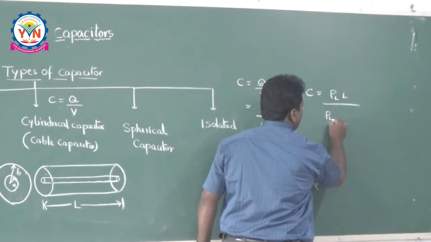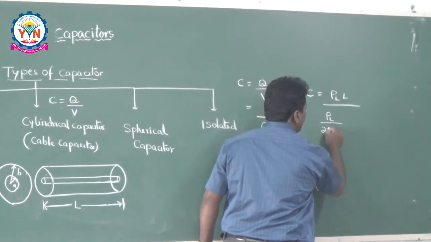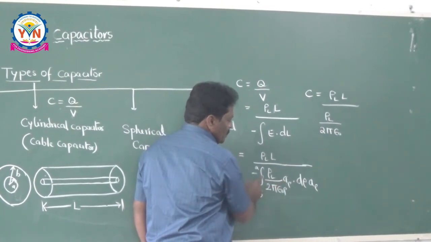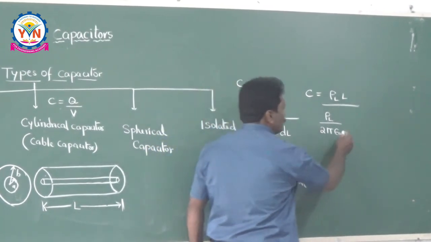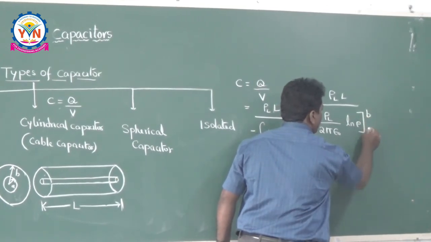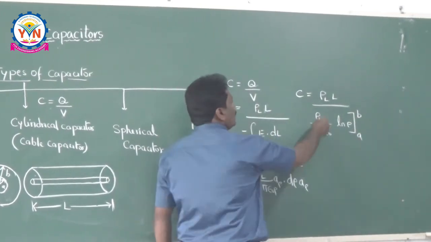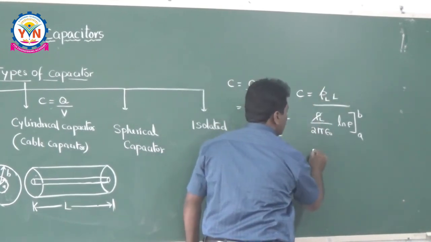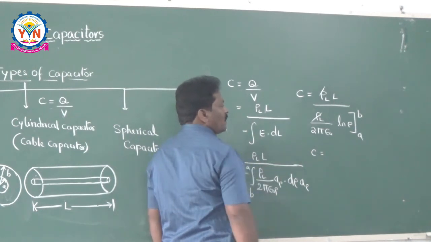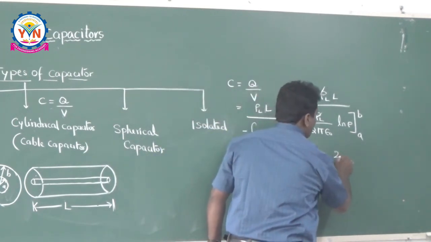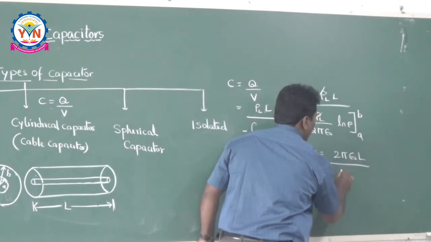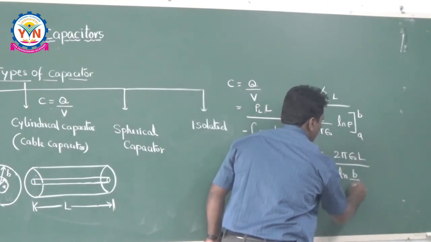You can take it out of this integration. 2 pi epsilon naught into the integration of 1 by rho, which means ln of rho. This is ln of rho between the limits B to A. Rho L and rho L will cancel. Therefore, C is equal to 2 pi epsilon naught into L divided by ln of B by A, farads.